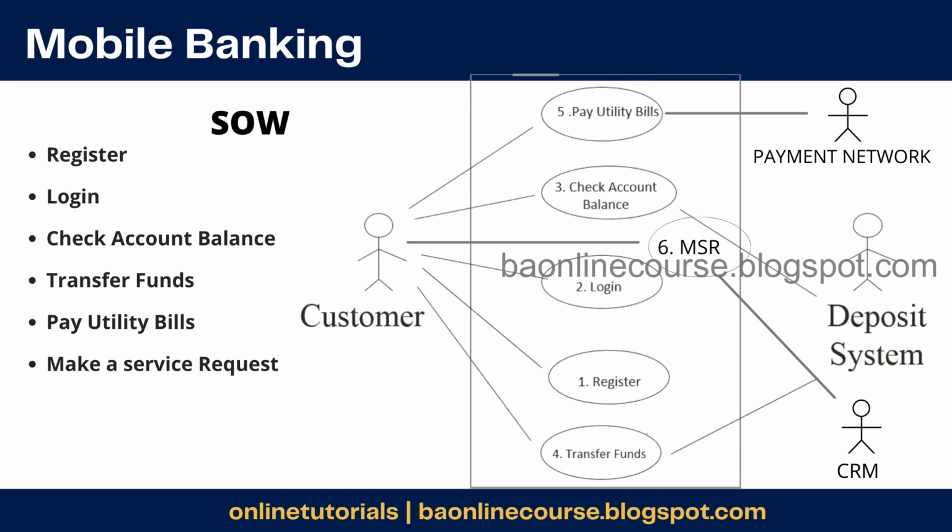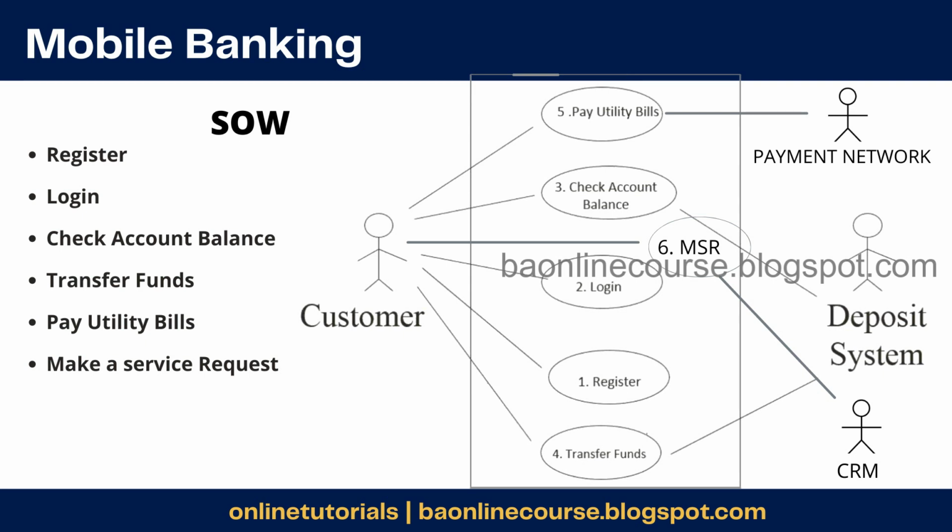So these are the 6 things that are there in your SOW, and that translates into your use case diagram. So you'll end up with these 6. Now, when you're writing these, make sure that each one of them is independent and complete in itself.